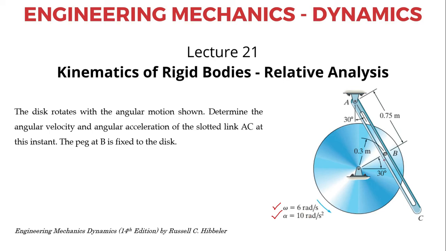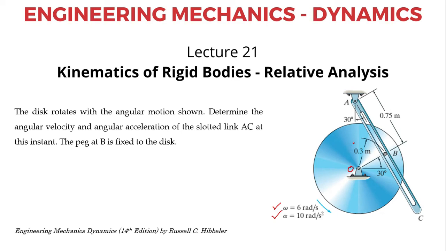Okay, so I can say that this peg here, since it is fixed to the disk, is undergoing pure rotation with respect to this point here. Let me say this point is O for the time being. Now since this peg is within the slotted link here, as this disk moves, the link AC will also rotate.